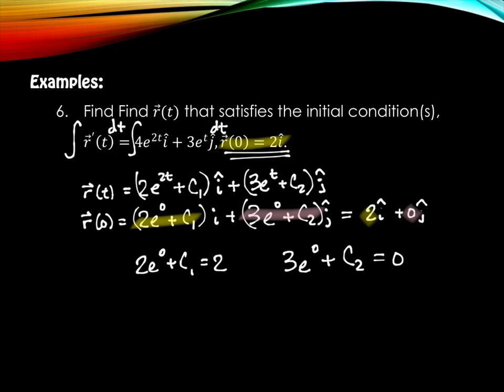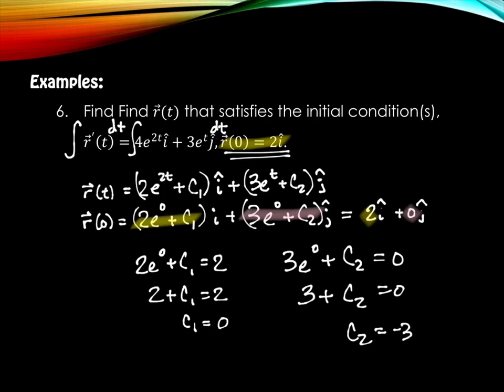So what is 2e to the 0? It's 2. So 2 plus c1 is equal to 2, so what's c1? 0. The next one, what is 3e to the 0? 3. So 3 plus c2 is equal to 0. What's c2? Negative 3. Everybody good with those two pieces?